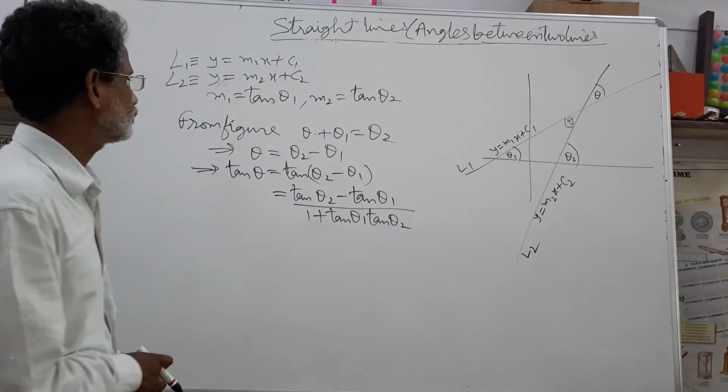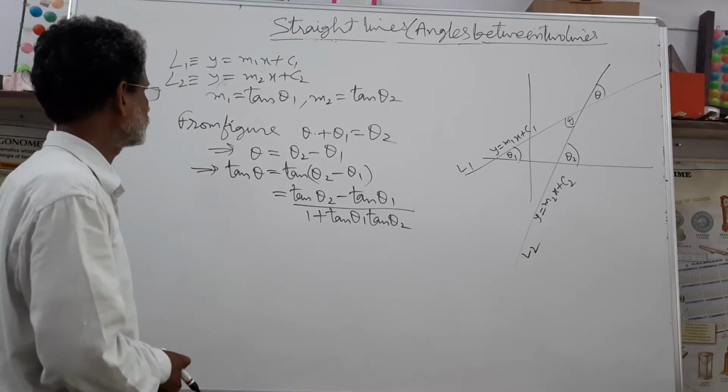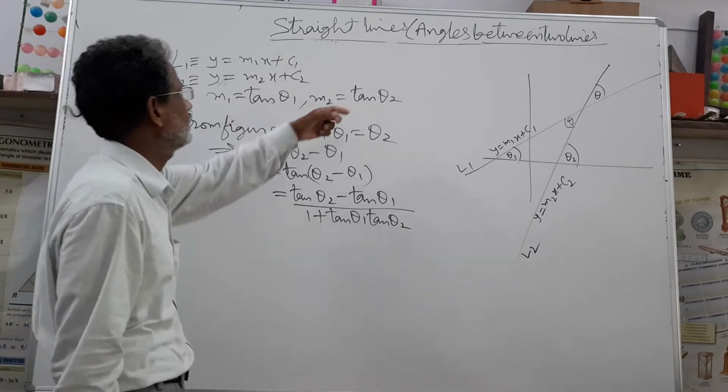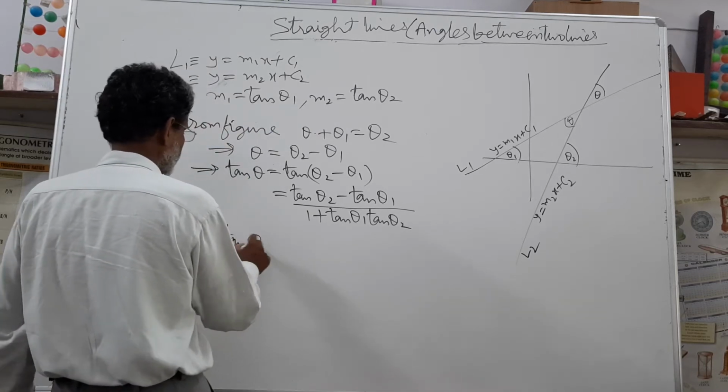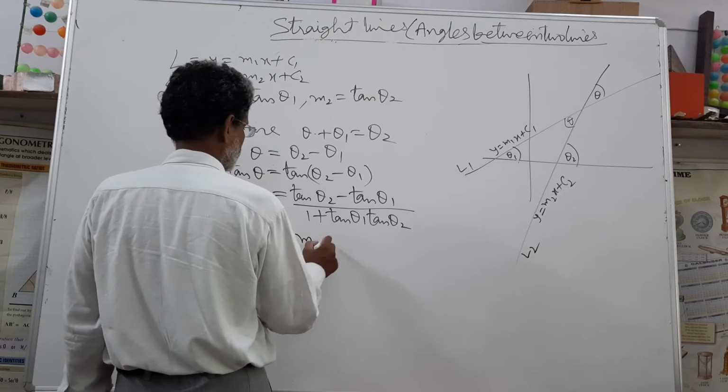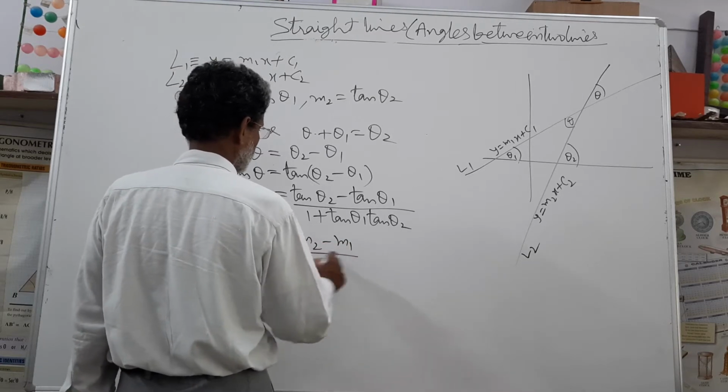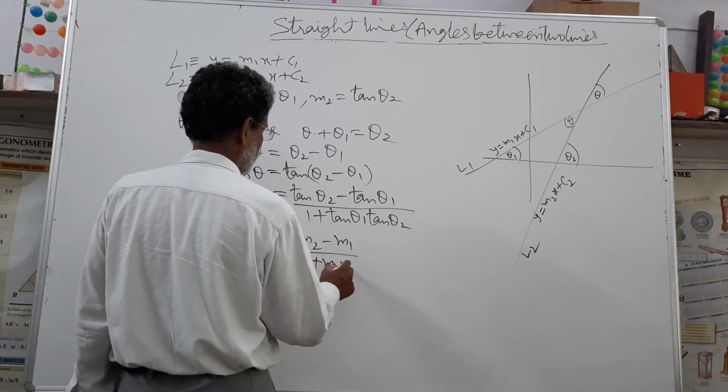Put the values of tan theta 1 and tan theta 2 from above. You will get tan theta is equal to m2 minus m1 upon 1 plus m1 m2.